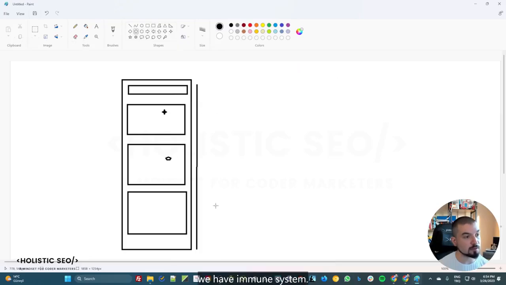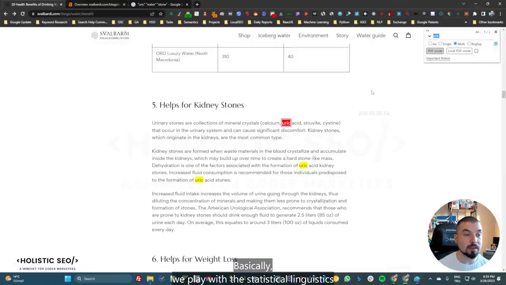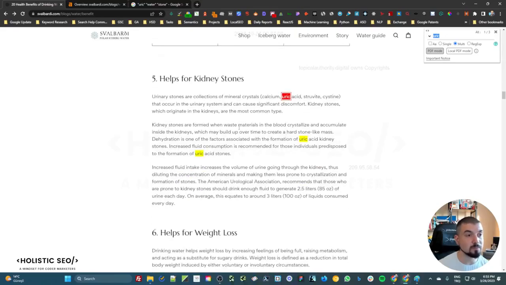Here we have immune system. But when we look at the water benefit or drinking or during morning, etc., they appear in all of the sections. Basically, we play with statistical linguistics and distributional semantics by distributing these things for creating new co-occurrences.